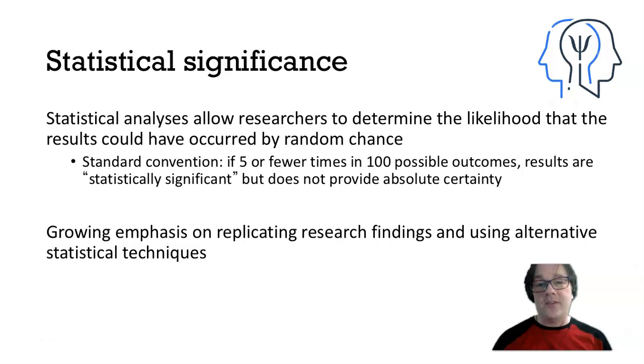Those results were due solely to chance events. So there seems to now be more of a growing emphasis on replicating research findings and using other statistical techniques such as effect sizes and even Bayesian approaches, which we won't get into now.